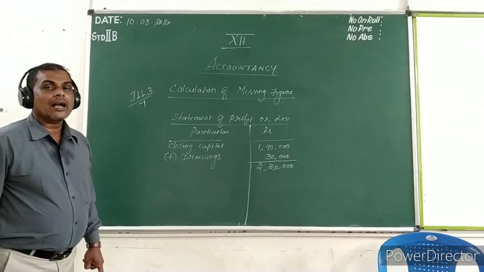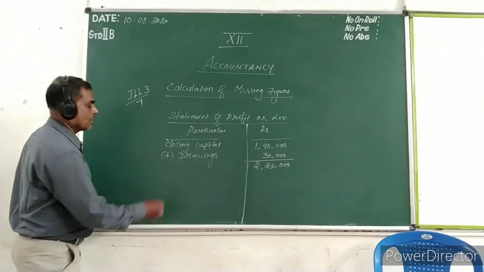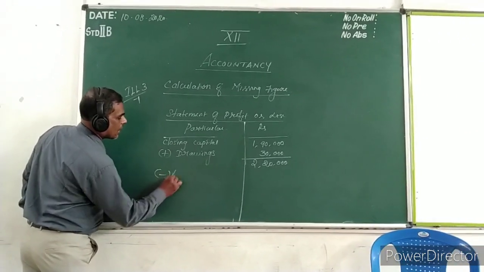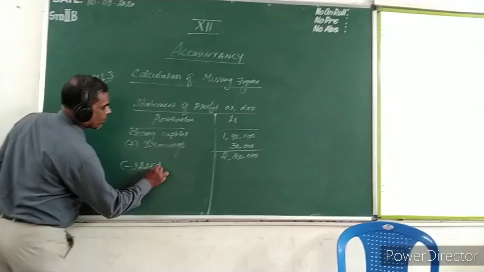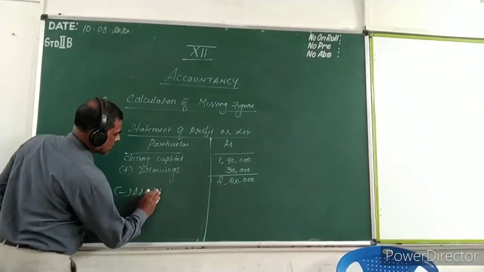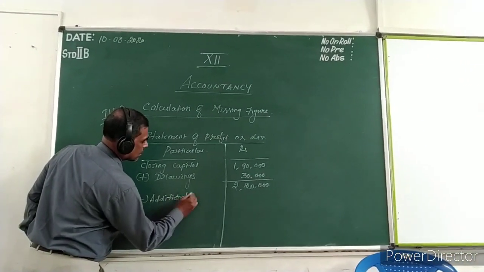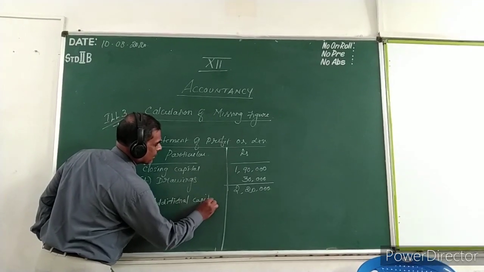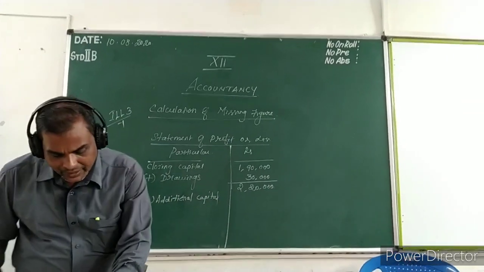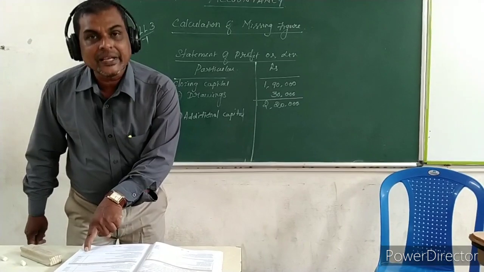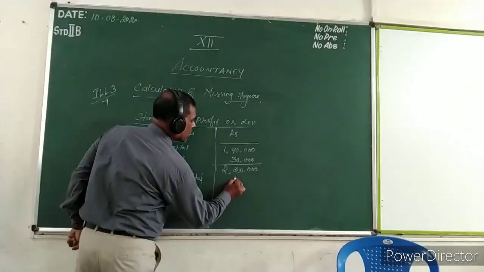From this, what do we have to deduct? Less additional capital or introduced capital. Here the additional capital is rupees 50,000.